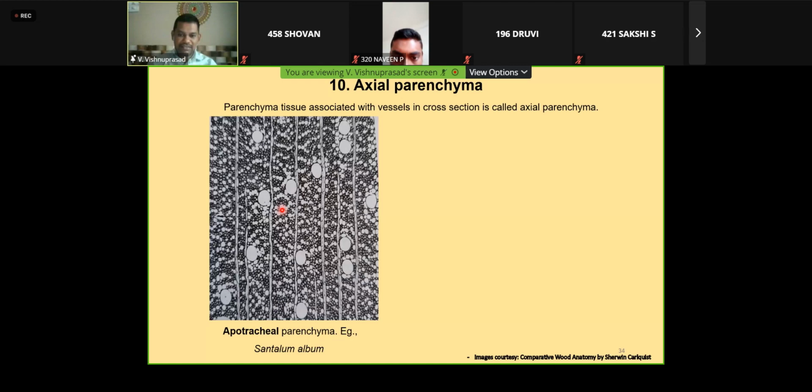So all these features are also taken into account, how the axial parenchyma is arranged. Okay. Then similarly, the ray seriations, as we saw in the case of softwood also. Now in the case of hardwood, the ray seriations and width have a lot of variations. See the first one. In some species of hardwoods, you will find exclusively uniseriate rays, similar to softwood.